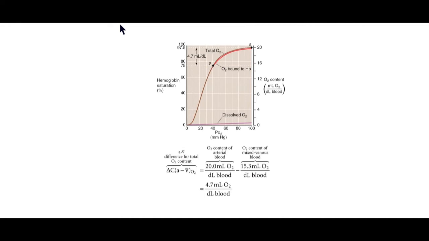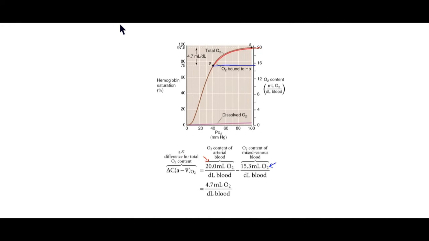So we're looking at this one down here, and this one up here. The difference between the two of them is about 4.7. So the difference between the oxygen content on your arterial side versus your venous side is about 4.7 mils of oxygen per deciliter of blood.